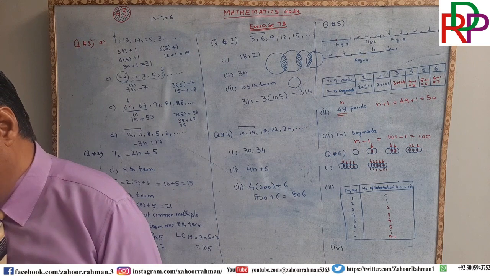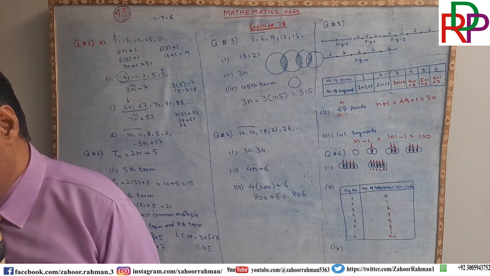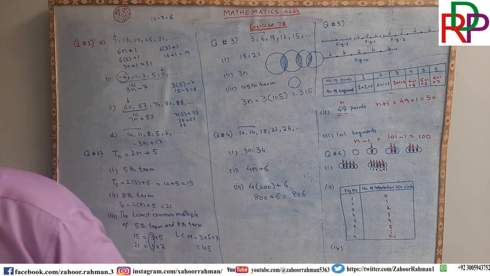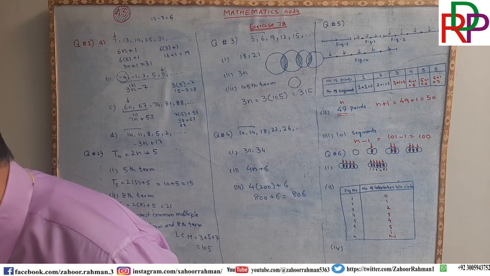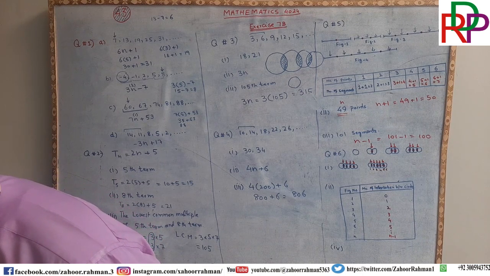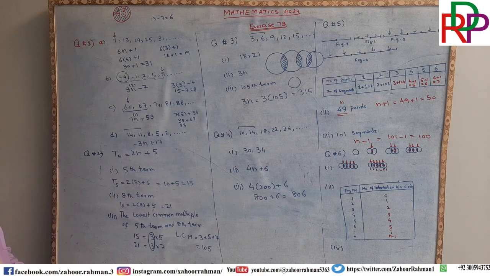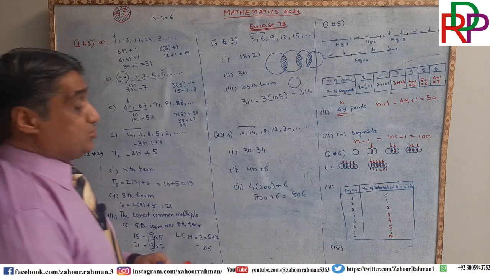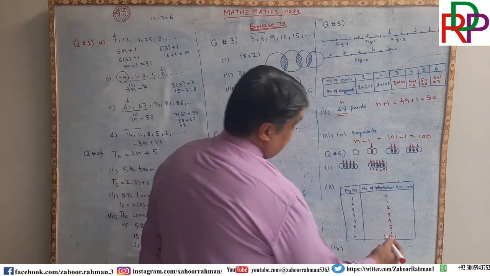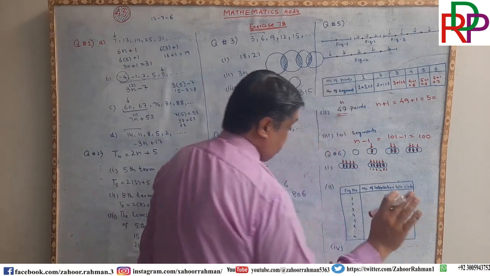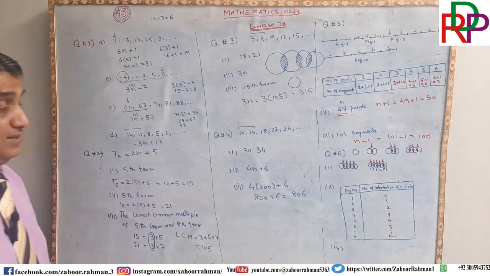Now, part number 4 is saying find the value of n for which the circles in the figure have 28 intersections. Now this question is a tricky one.